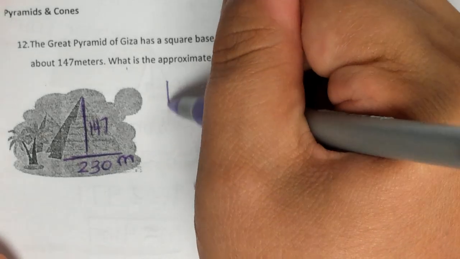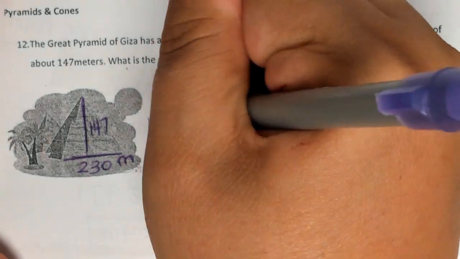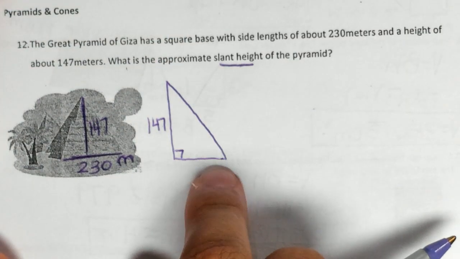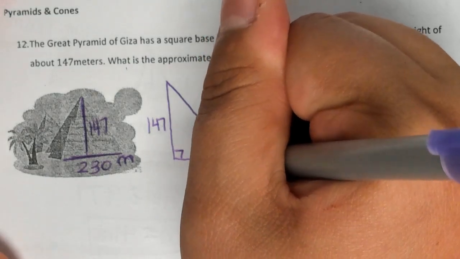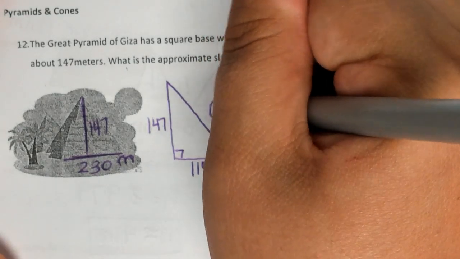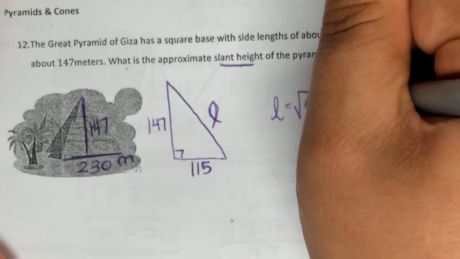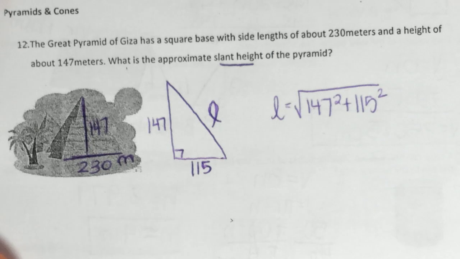Well, y'all, can I just make a right triangle? I know the height is 147. What's this bottom going to be? Half of 230 is 115. How do I find that? Pythagorean theorem? And just put that in the calculator.